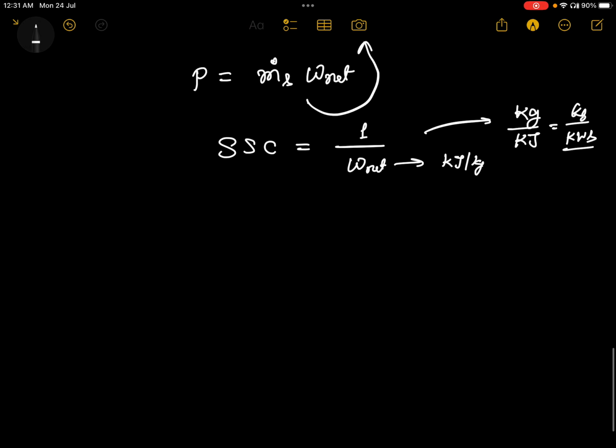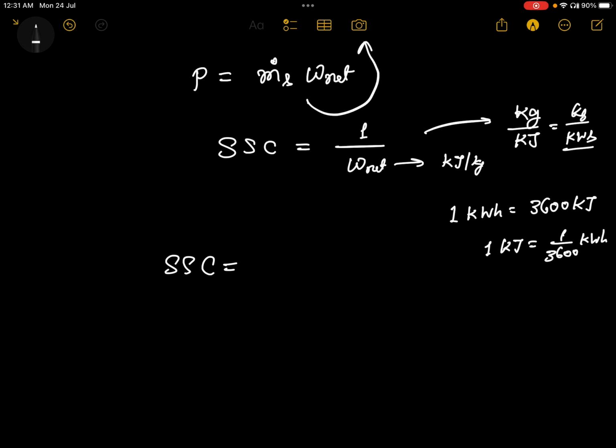In other words, if you want to write it in terms of kilowatt hour, we know that 1 kilowatt hour is equal to 3600 kilojoule. So 1 kilojoule is equal to 1 upon 3600 kilowatt hour.